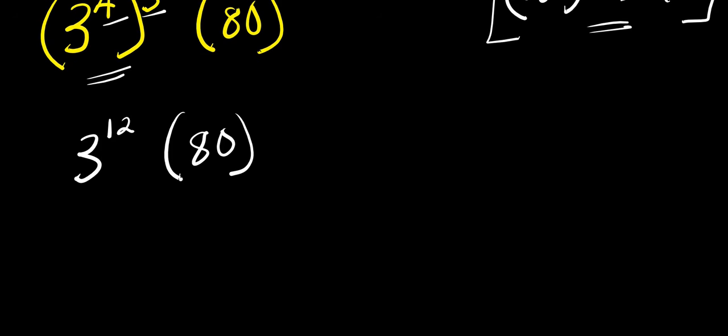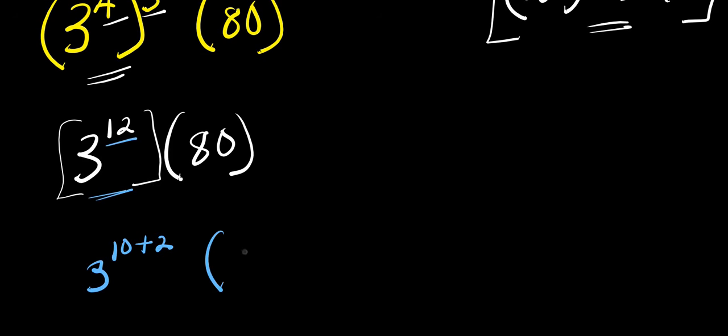Now, we need to find the value of 3 to the power of 12. So what are we going to do? We can simply express this as 3 to the power of 10 plus 2, because 10 plus 2 is 12, then times 80.